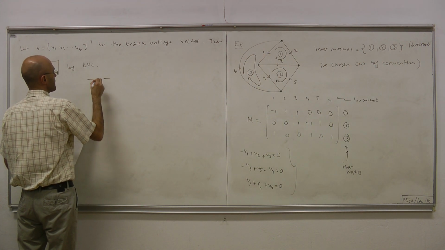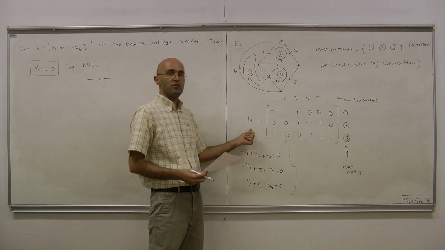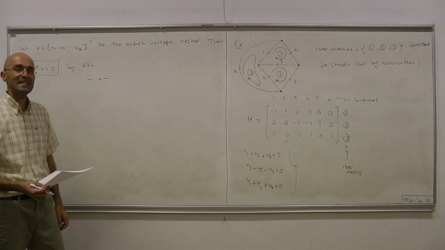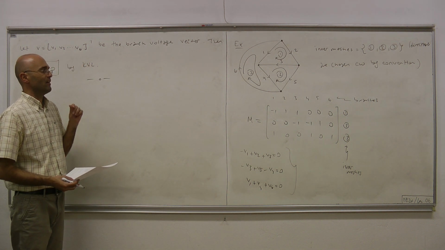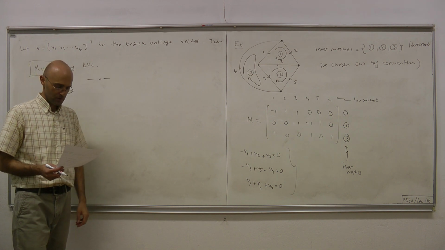Now finally, let's also find another use for this mesh matrix, and for that we have to introduce one more quantity, a vector, which we're going to call the mesh current.